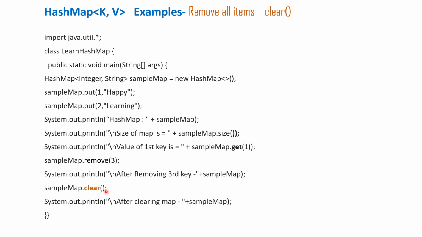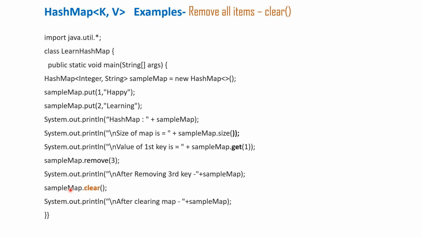Here one line is missing after data entry 2. So it is the same as the previous example, having three entries of data, getting the size and value of the first key, then removing the third key. The operations are the same as the previous example.